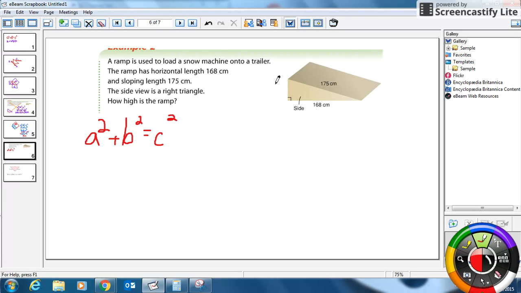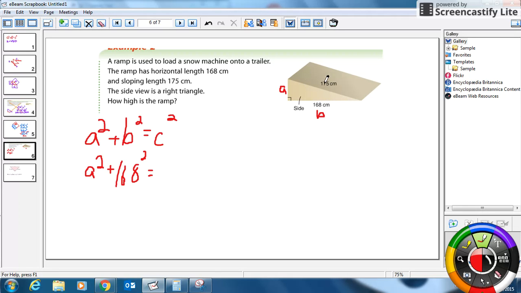In this case, we don't know this one, so we'll just call this A, and that makes this one B. So A squared, well, we don't have any number to put in A yet, so we'll just keep it as A squared, plus the square of B. In this case, the length is 168, squared is equal to, in this case, our longest side, or the side opposite the 90 degree.